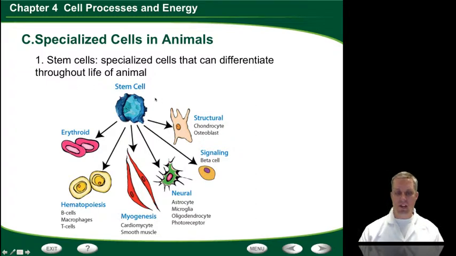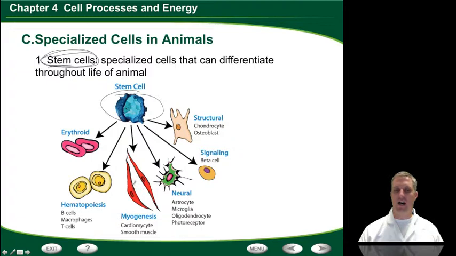In animals, cell specialization comes down to this term right here. You may have heard these before. All animals have what are called stem cells. Stem cells are specialized cells that can differentiate through the life of an animal. So you literally start with this cell that could become a red blood cell, or it could become B cells and T cells, which are white blood cells.